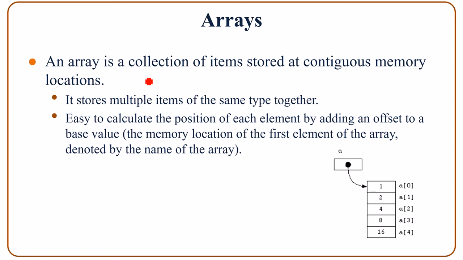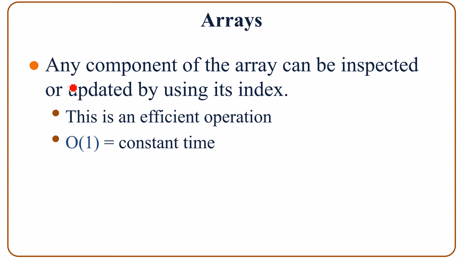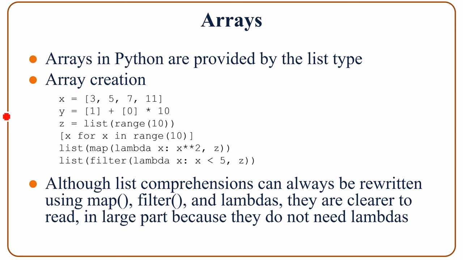For example, A1 is offset by 1, A2 is offset by 2. Any component of an array can be inspected or updated by the index, and this is very efficient with O(1) constant time. In Python, arrays are provided by the list type.